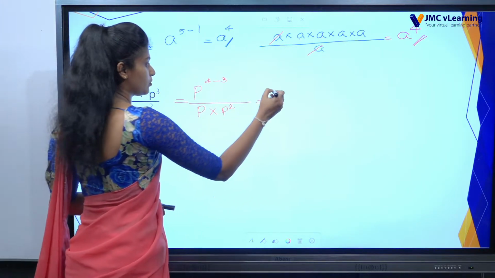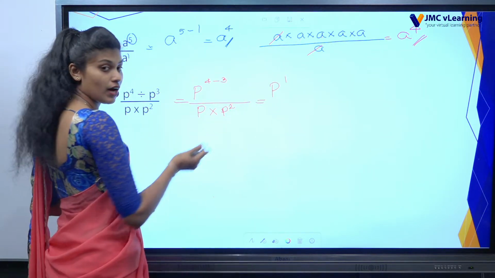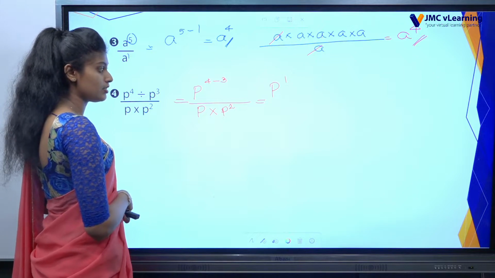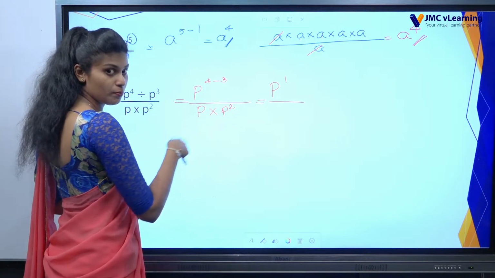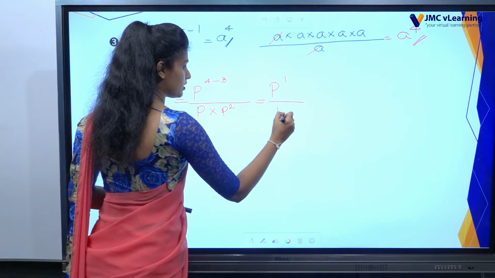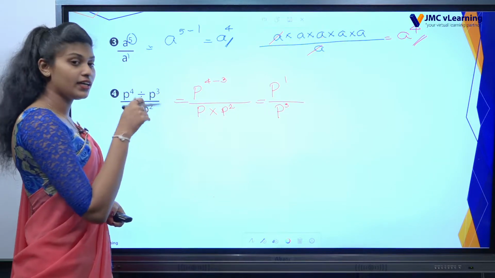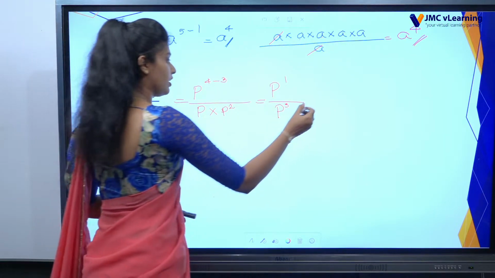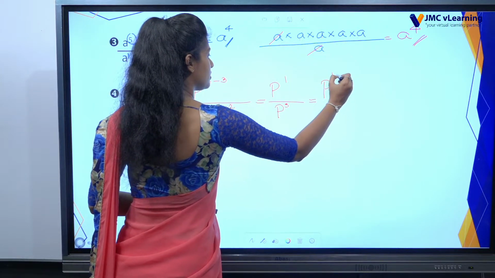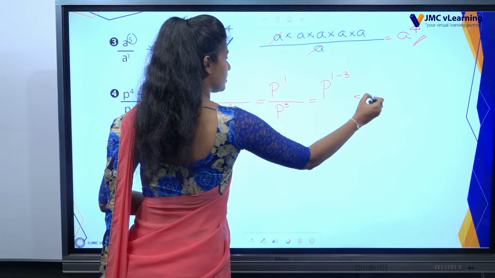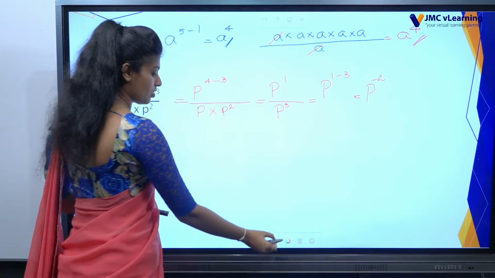When you simplify this one, the answer is P, because P to the power 1 also means P. And when you add these two, P and P to the power 2, the answer is P to the power 3. So here also division. Have to subtract 3 from 1, the answer is P to the power minus 2.